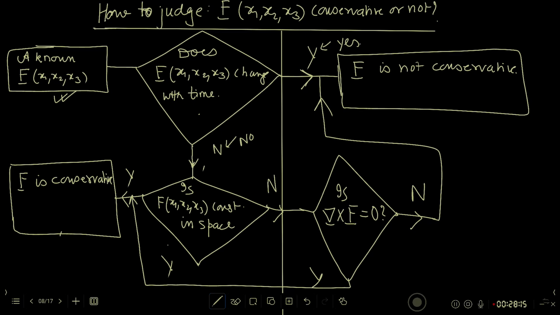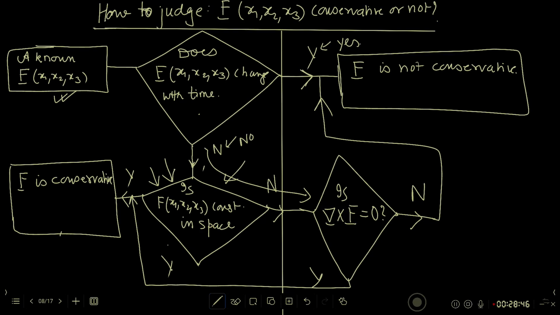But suppose it is not constant in space, then you do this test. Is del cross f 0? If the answer is no, then f is not conservative. If the answer is yes, f is conservative. Now if you think about it, even the f constant box, if you want, you can remove it and directly go here. That will also give you the right answer.